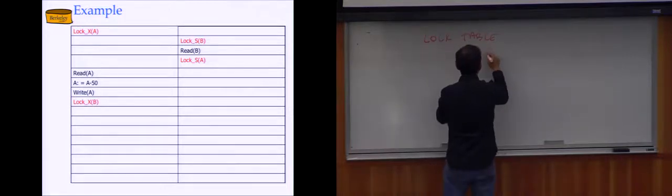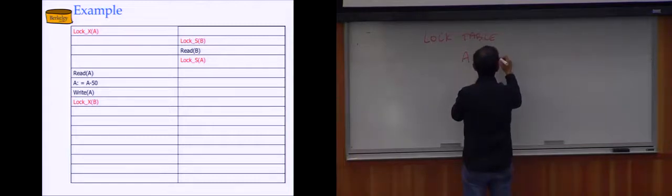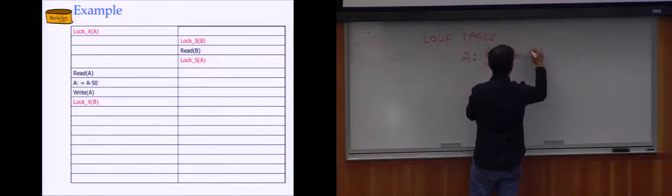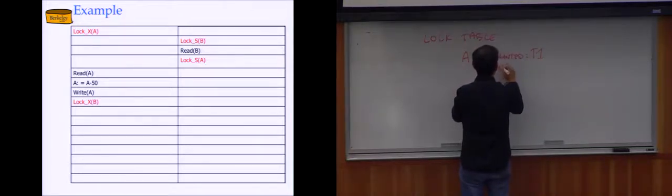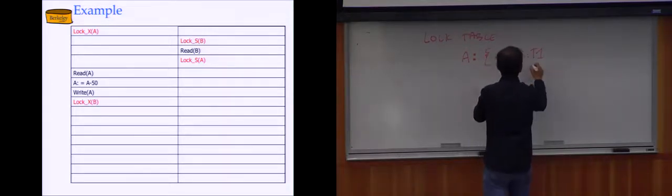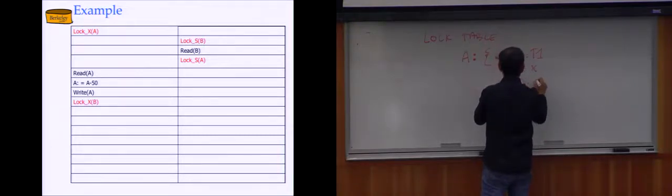What's it going to contain? It's going to contain the granted group of transactions, which is currently T1. It's going to contain the lock mode, which is currently exclusive. And it's going to have a wait queue for A, which is currently empty.